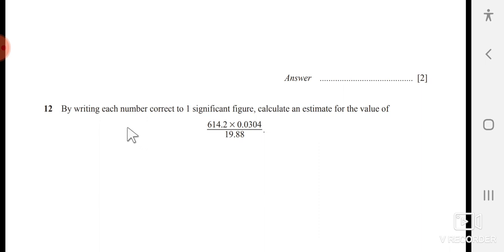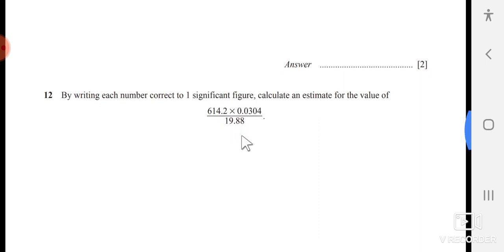And now write each number correct to one significant figure. So the one significant figure of this would be 600, and of this would be 0.03, and this one would be 20. And then you will simplify and cancel and estimate your approximate answer for this. This is the way to do this question.